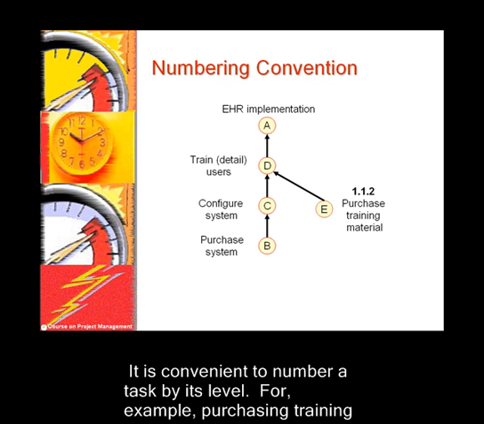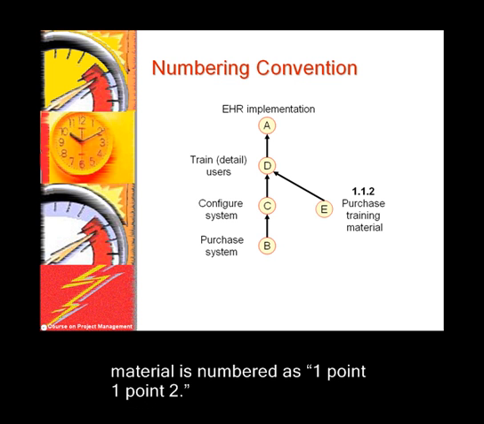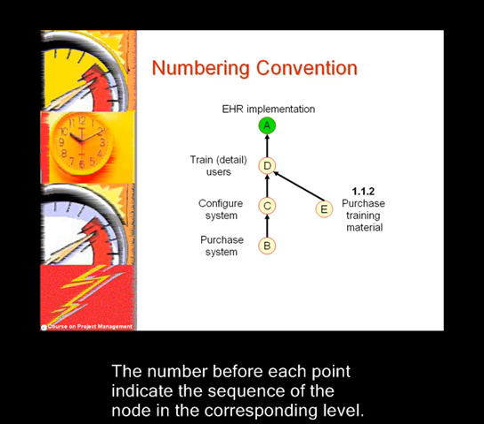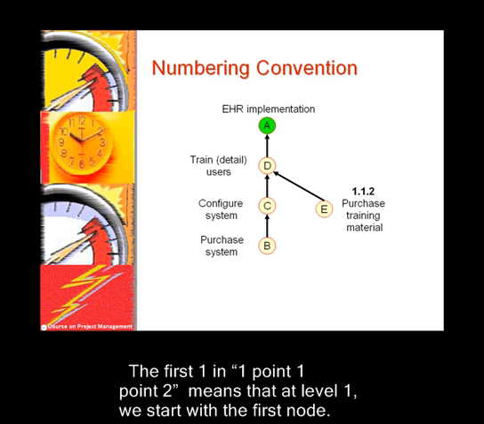It is convenient to number a task by its level. For example, purchase training material is numbered as 1.1.2. The number before each point indicates the sequence of the node in the corresponding level. The first 1 in 1.1.2 means that at level 1 we start with the first node.